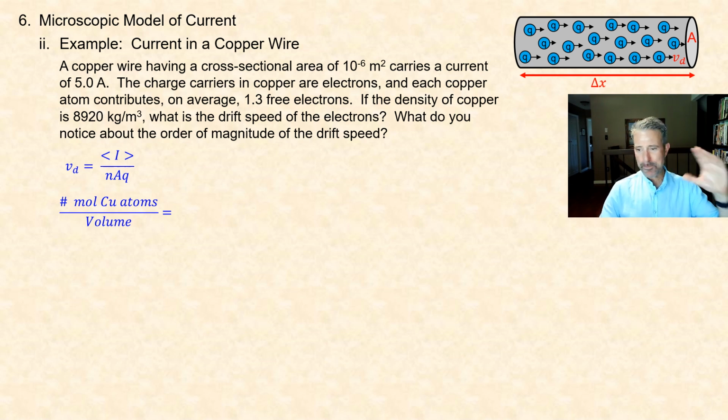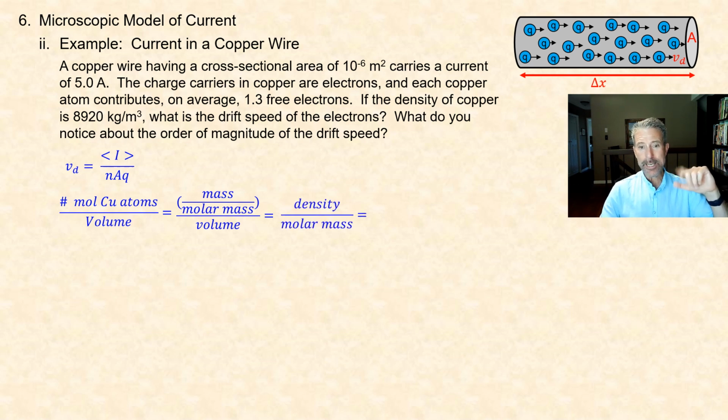If you think about your understanding from stoichiometry, moles and molar mass, if you take the mass in grams divided by the molar mass, which represents how many grams per mole, grams divided by grams per mole gives you moles. So taking the mass divided by the molar mass gives us a measure of the number of moles of copper atoms we have in this cross section, per unit volume.